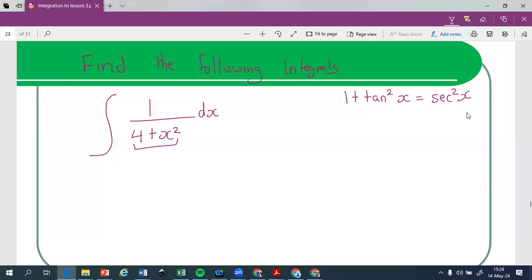In our denominator, we have 4 plus x squared. When I factorize out 4, here I remain with the 1. Members, is that fine?